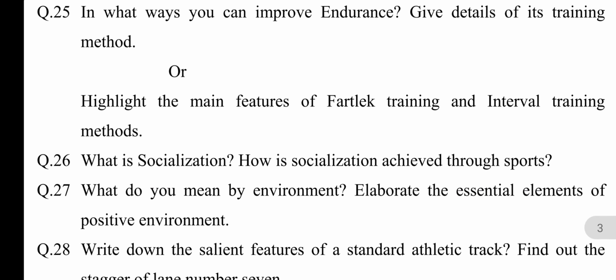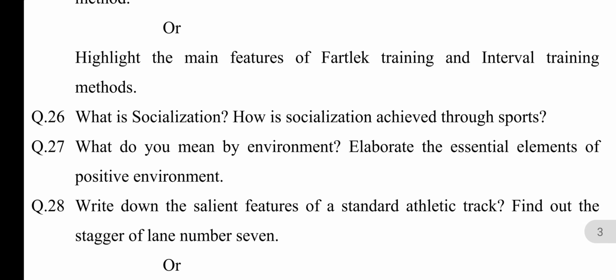Explain all the three endurance methods in a few lines, or highlight the main features of fartlek training and interval training methods. Features means an important or noticeable part of something.